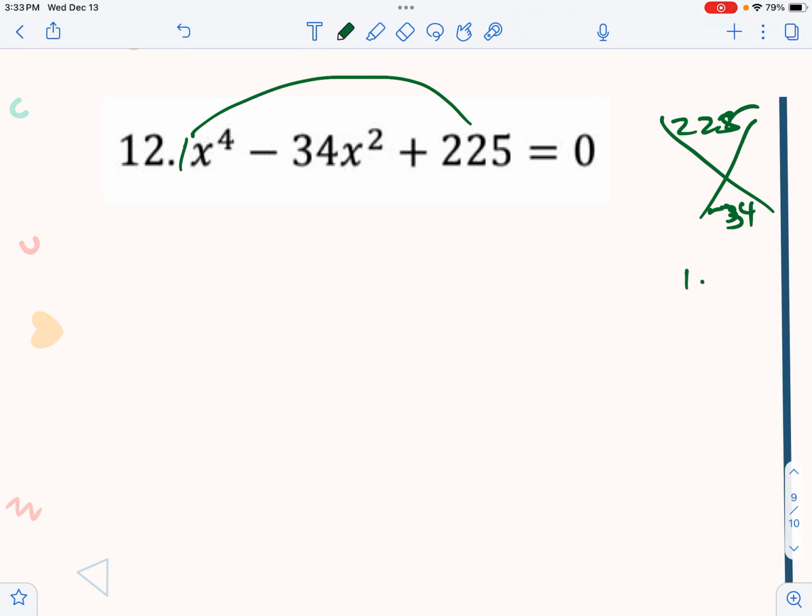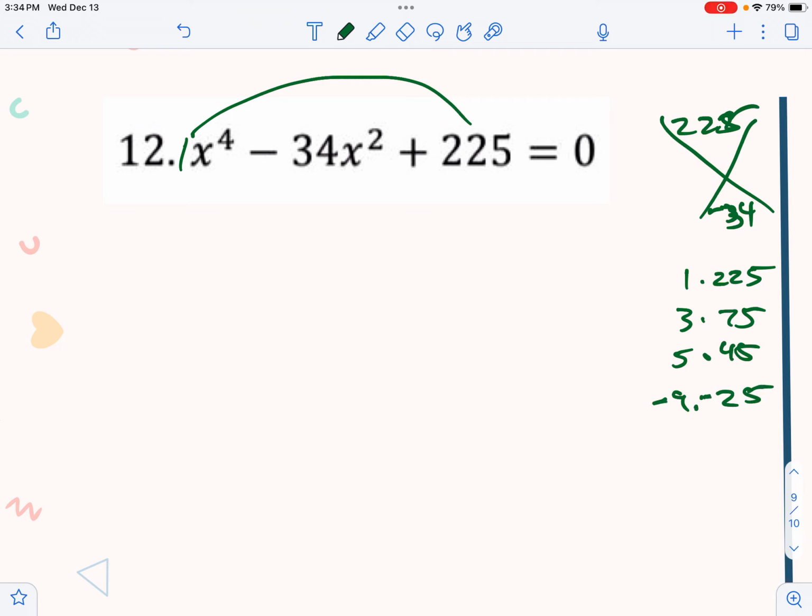What do we got? 1 and 225. If they're both negative, they're not going to add up to negative 34. What else do we got? 3 times 75? Nope. 5 times 45? Nope. Does 6 go in there? No. 9 times 25.